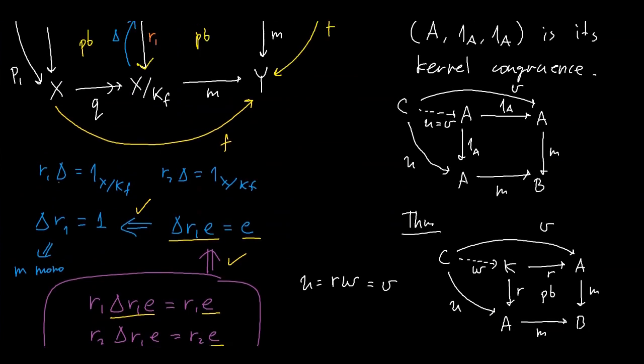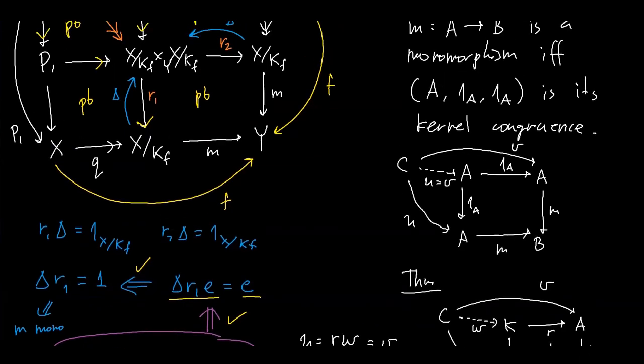So we were trying to prove that R1 is equal to R2. So delta, what is delta? Delta is the morphism that comes from the universal property of any pullback. In this case, we can actually draw it as well. So I'm going to draw in where we get delta from. Here I've got X over KF, and I could put identity and identity there, identity morphisms.